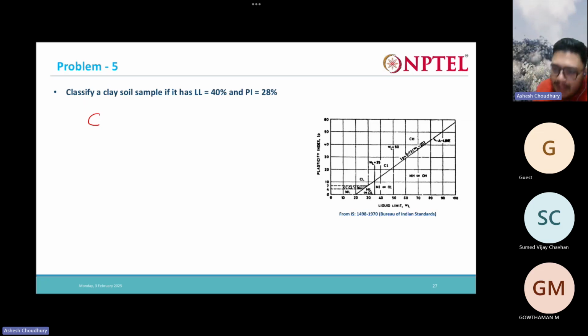It's already told that the soil is a fine grained soil and it is a clay soil. So the prefix is given to you. The suffix you need to decide. Tell me what is the suffix.